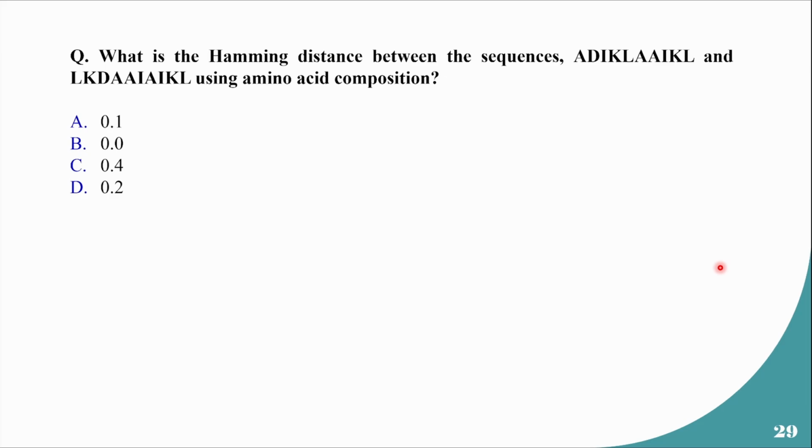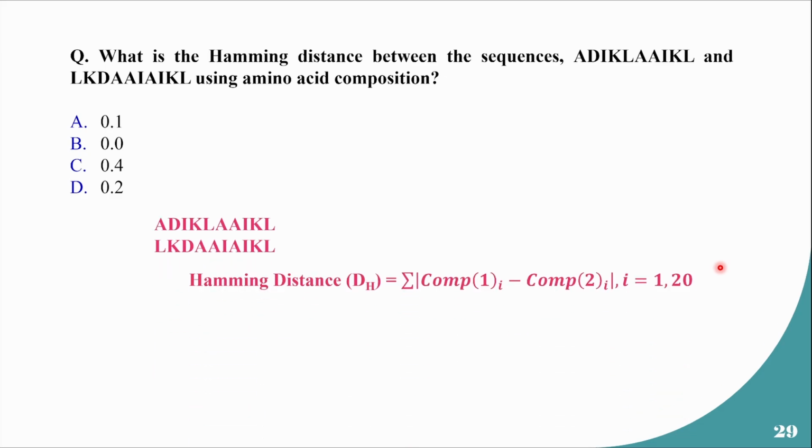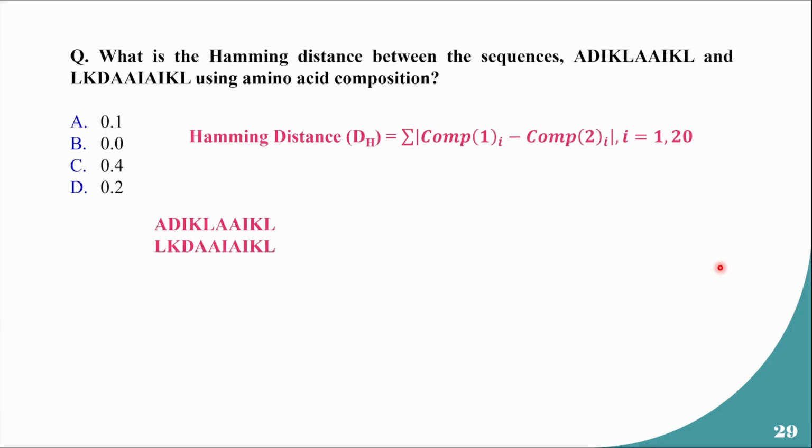Here, if I take a look at one of the distance calculations, that was the Hamming distance calculation using amino acid composition. If you have these two sequences, you can calculate the composition for a particular amino acid, let's say alanine, for sequence 1 and sequence 2. Then you subtract them, so you get a composition difference.